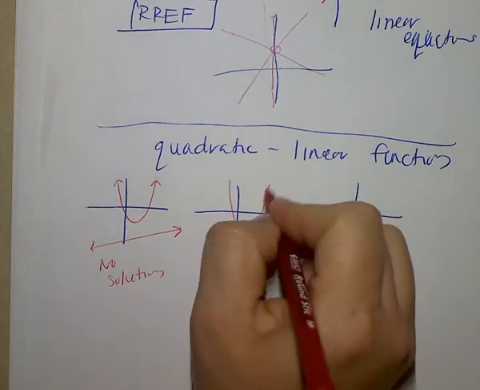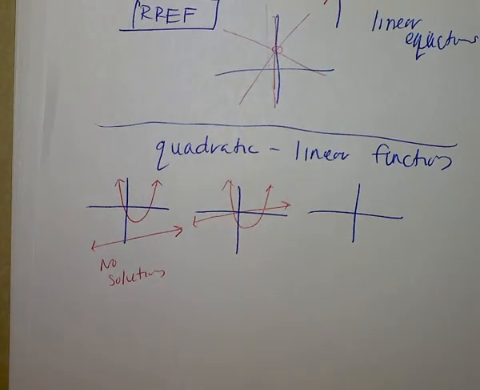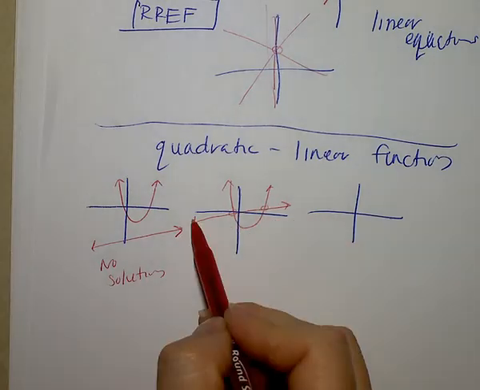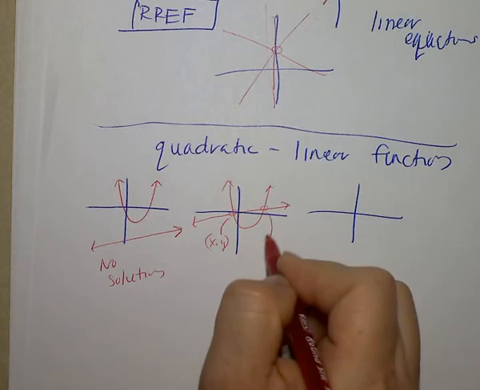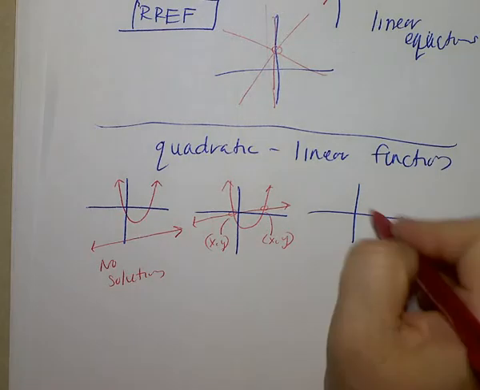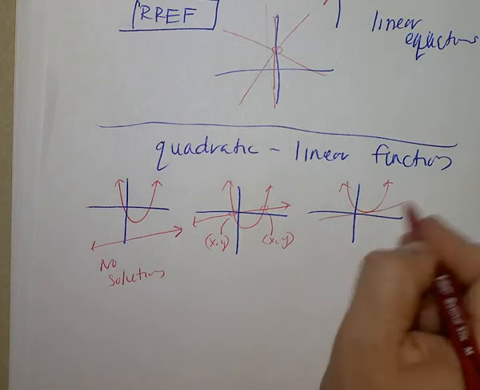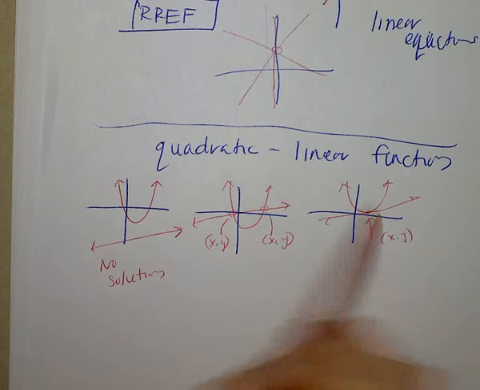Or I could have something like this, and how many times do they cross? As a reminder, every solution contains an XY coordinate because the solutions are the locations on the graph where the two functions cross. The other option is for it to only cross in one place. So one solution, two solutions, no solutions.